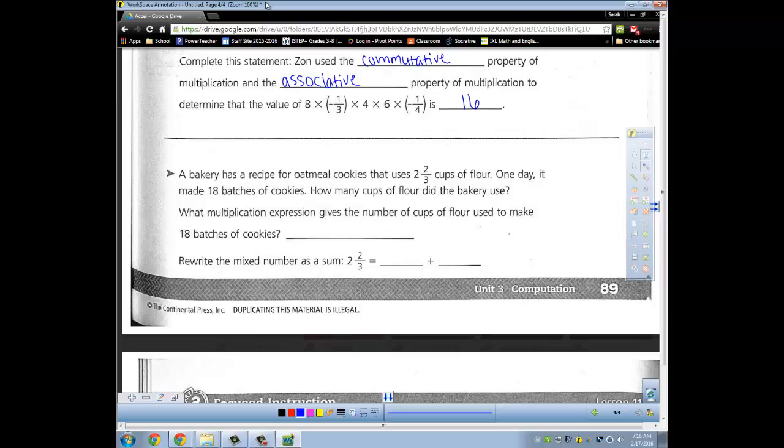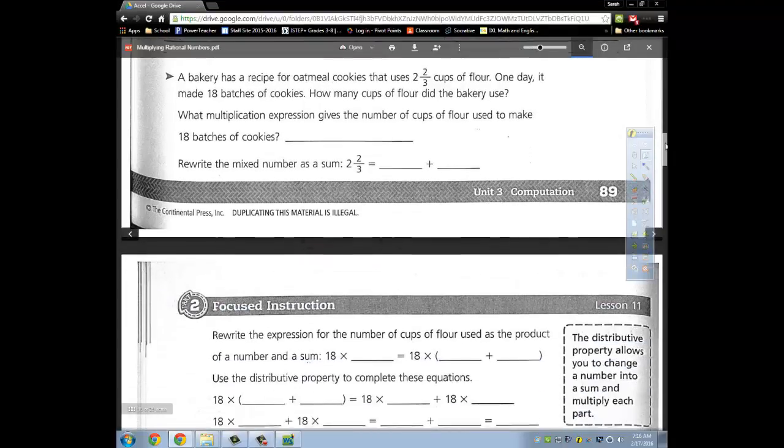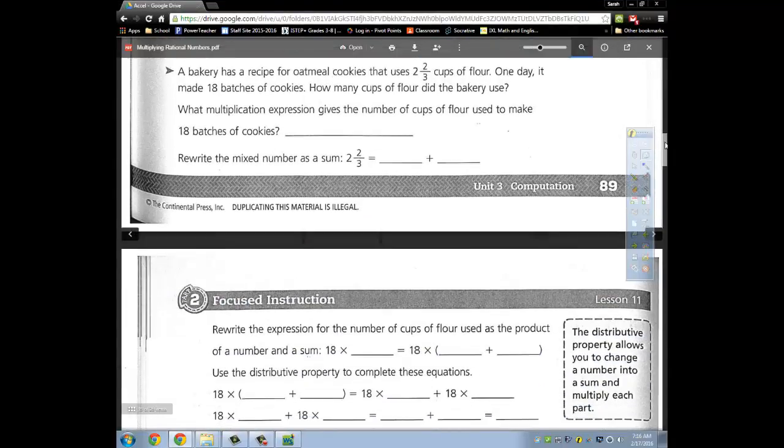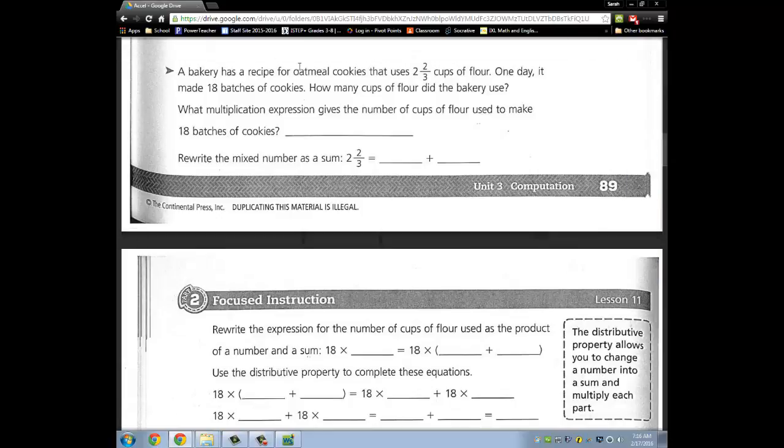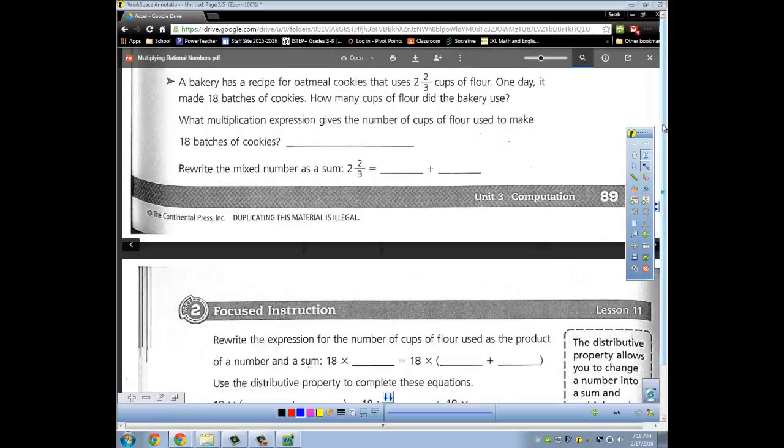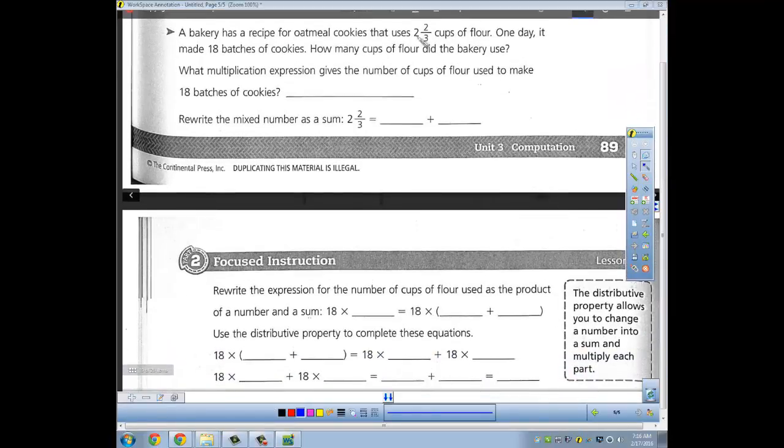The next problem, I'm going to move down a little bit to see if I can get, okay, I can't completely get the problem, but I can get some of it. So it says a bakery has a recipe for oatmeal cookies that uses 2 2/3 cups of flour. One day it made 18 batches of cookies. How many cups of flour did the bakery use? So what multiplication expression, so we're going to use multiplication, it's going to be an expression, so no equal sign, gives the number of cups of flour used to make 18 batches of cookies.